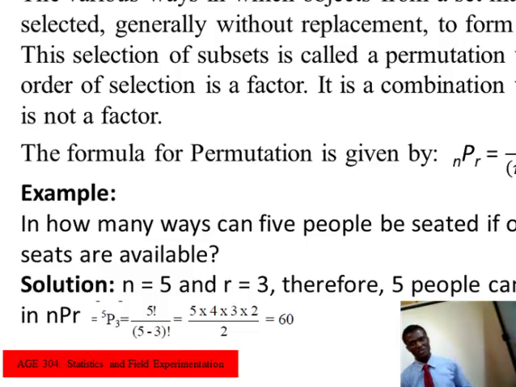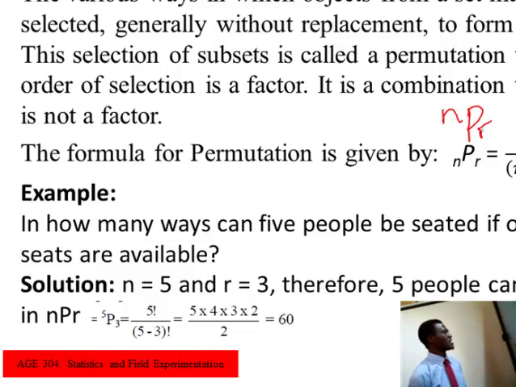Now, the formula for permutation is given by nPr equals n factorial over (n minus r) factorial.